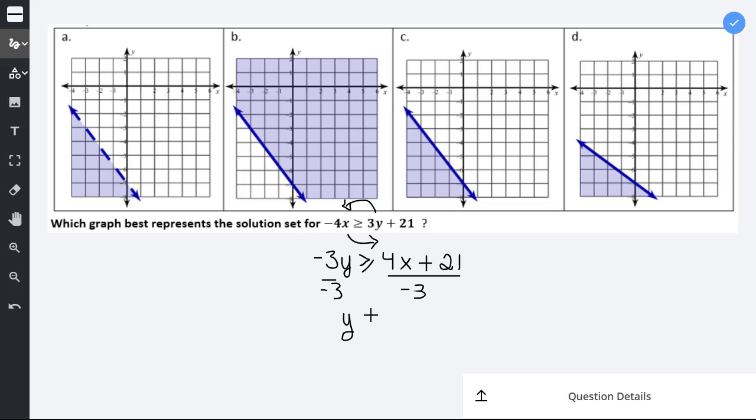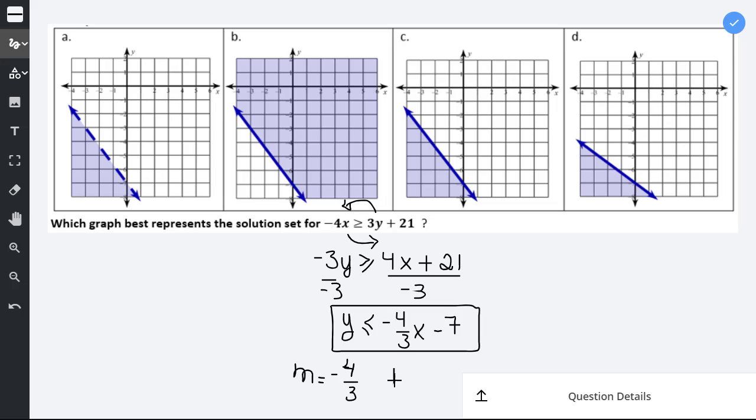This would be y less than or equal to -4/3 x minus 7. Now that we have the y alone, we can identify the slope to be -4/3 and our b to be equal to -7.